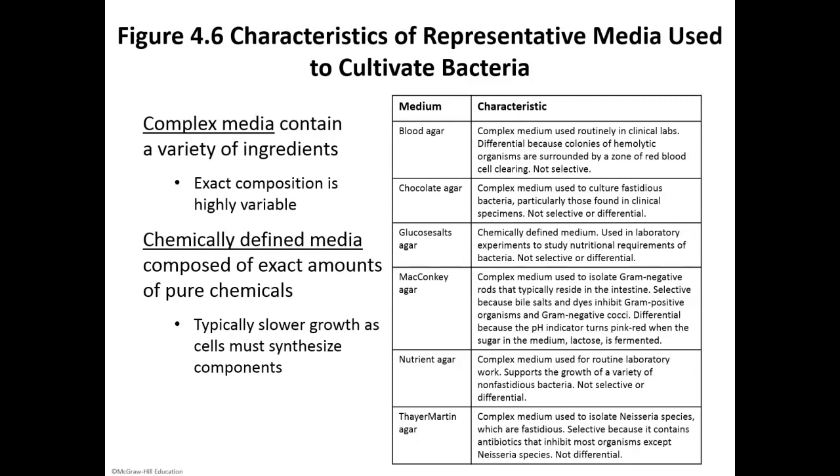Many of the media that we use are called complex media. These are going to contain many different ingredients that grow and support a variety of organisms. Typically, these organisms are non-fastidious, so they can grow without any special nutrients being available.